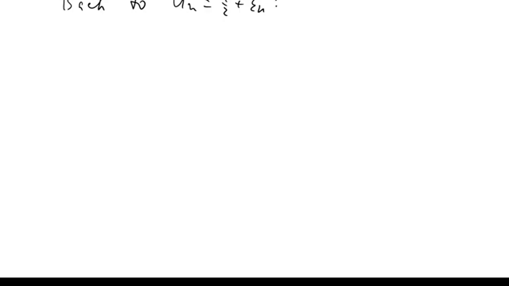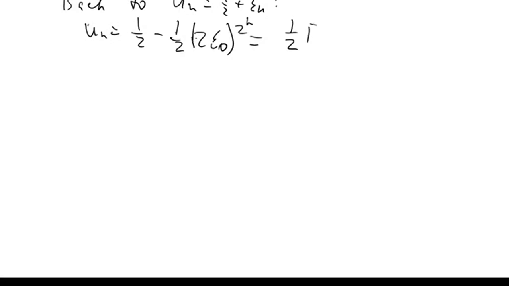Then we will have un equal to half, and instead of epsilon we will put minus half times 2 times epsilon naught to the power of 2 to the power of n, and we can just simplify it like this. We can take half outside, 1 minus 2 epsilon naught squared to the power of n.